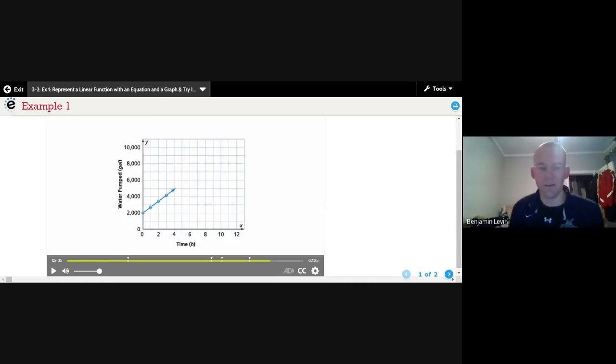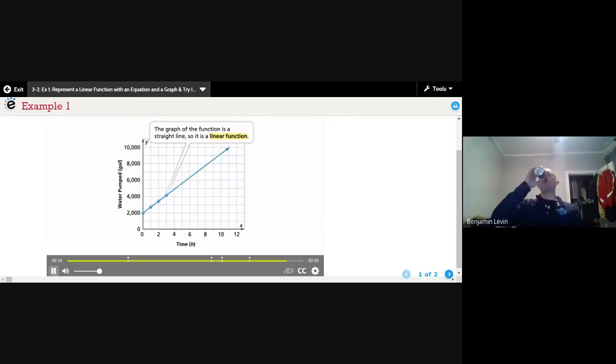We're tying together things that we've already learned into new concepts. It's a straight line, so it's a linear function. The total water that needs to be pumped is 10,000 gallons. You could extend the line to find the value of x when y is 10,000. Now you know how to represent a linear function using a bar diagram, an equation, and a graph.